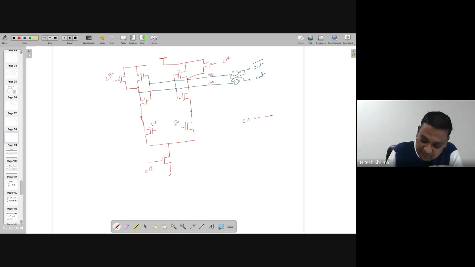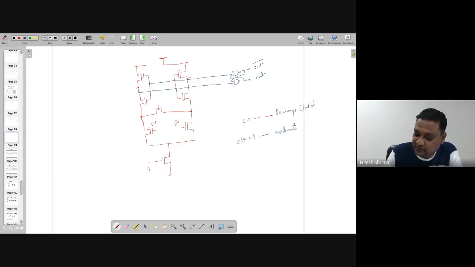And when clock equal to 1, these will be removed, and when clock equal to 1, it's evaluate mode, and clock equal to 0, it's pre-charge, or it latches the previous value, right?